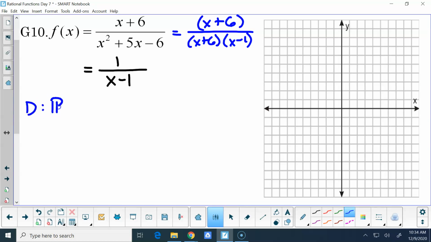I got all real numbers, but x cannot be -6 or +1. Right? But for my vertical asymptotes, I go to my new function, and it's just x equals 1. Because at -6, there's going to be a hole.